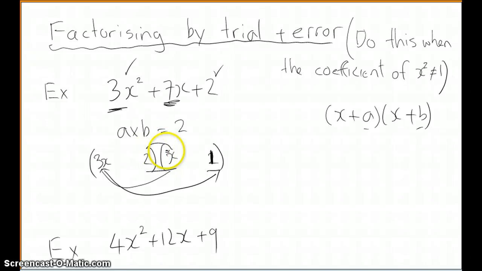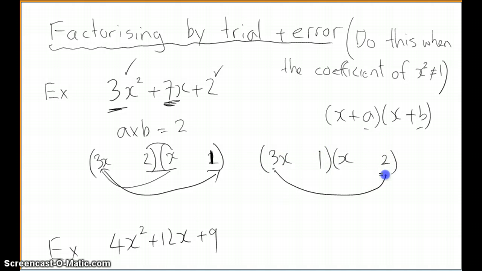I can swap. I quite like to leave the 3 in the front here, but I do need to swap the 2 and the 1. Notice when I do that, it's 3 times 2, which gives 6x, and 1 times x, which gives 1x, and 6 plus 1 does give me the 7x.